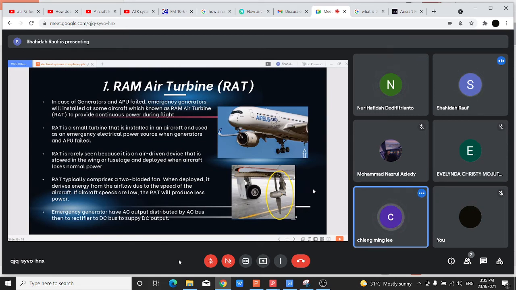The wind turns the propeller and generates power. It's just a DC motor. So this helps certain instruments to stay on, sir, because it has limited power.